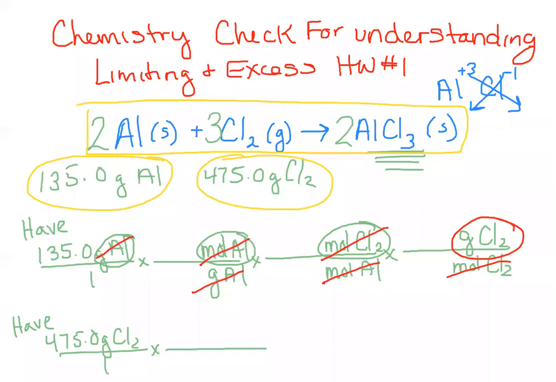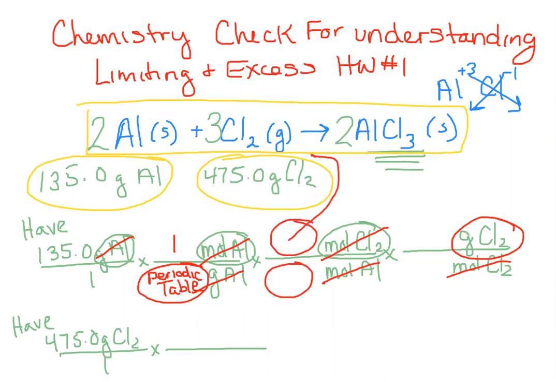Where are you going to find the numbers that go here in this first equation? Well, a 1 always goes with the moles when it's moles to grams or grams to moles. Where do you find the number on the bottom? This comes from the periodic table. Where do these numbers come from? They come from the balanced equation up there. They're the coefficients of the balanced equation.